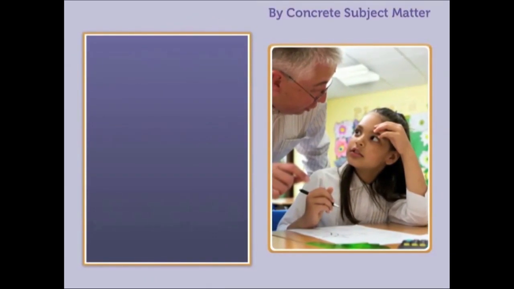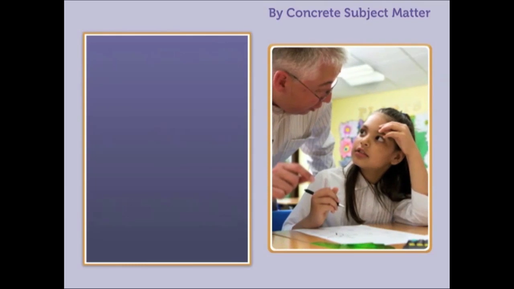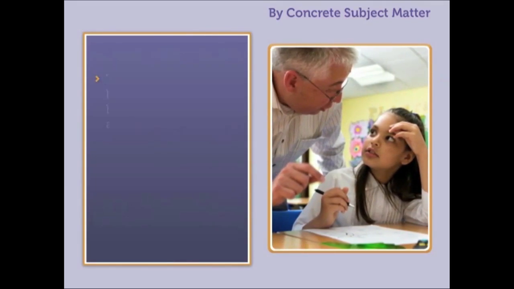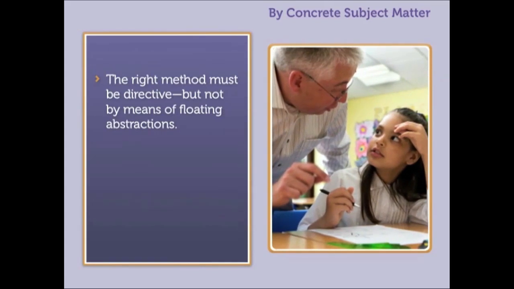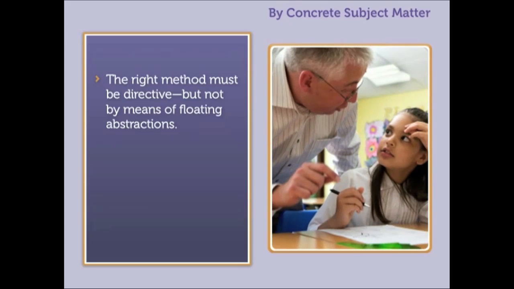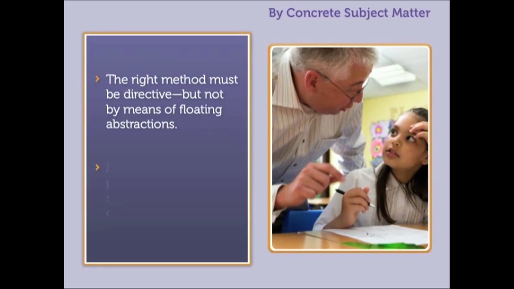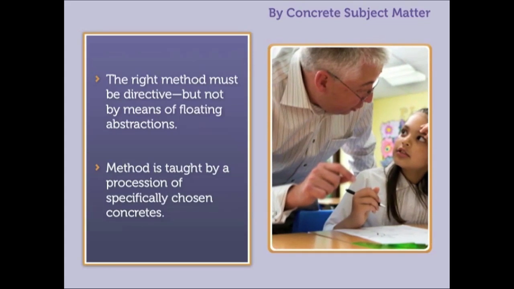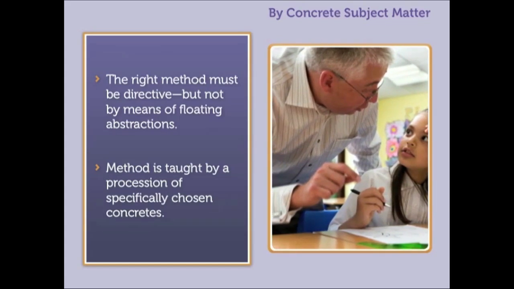You cannot just sit back and wait for nature or the child to do something. So what is the proper solution or the right method of teaching method? I would say it must be directive, but not by means of floating abstractions. It must be by a procession of specifically chosen concretes.